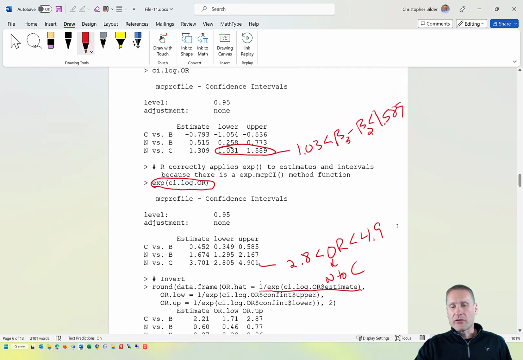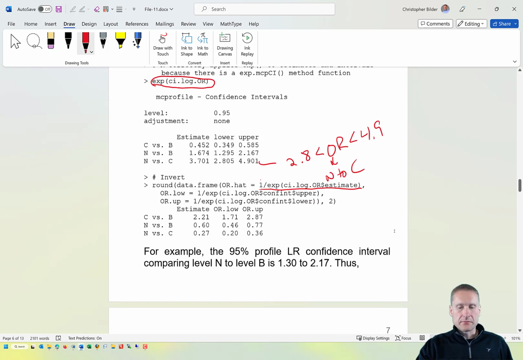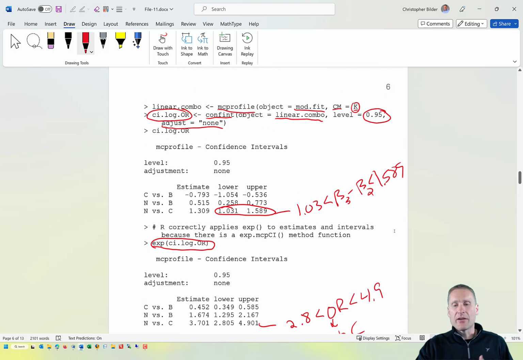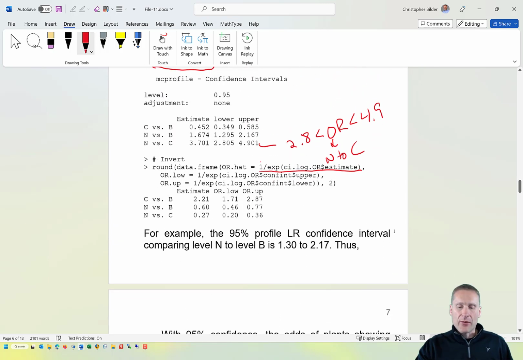A little bit of a trick to do this too is, instead of putting a K there, you put a -K there, and it will work too. So for example here, the 95% profile likelihood ratio confidence interval comparing N to B is 1.3 to 2.17. That's what we see right there.